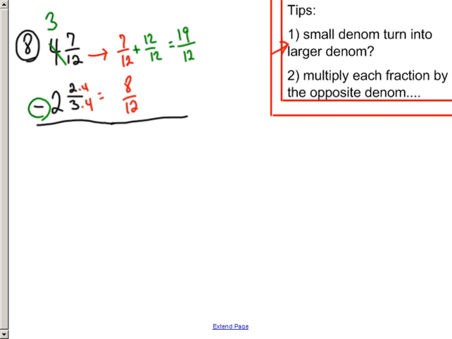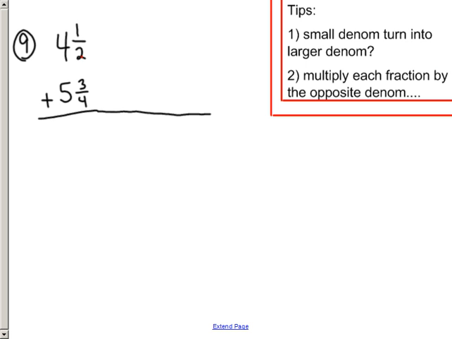Keep the same denominator. Now we can push over this 8/12 to line it up. 19 minus 8 is 11. Keep the same denominator, 12. And make sure you wrote this down as a 3. That 4 is no longer there. 3 minus 2 is 1. So 1 and 11/12.